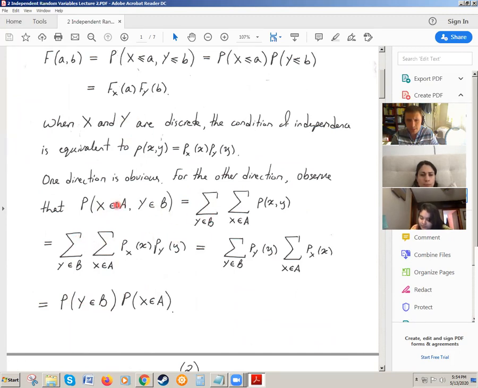If the mass function satisfies this multiplicative property, the probability that X belongs to A and Y belongs to B is just the summation over all combinations of x and y, p of x, y, with x in A and y in B.